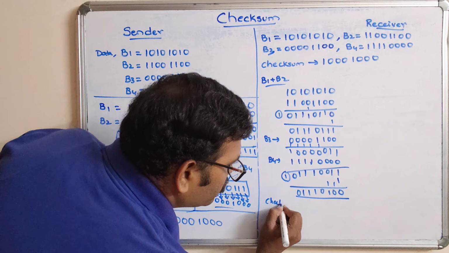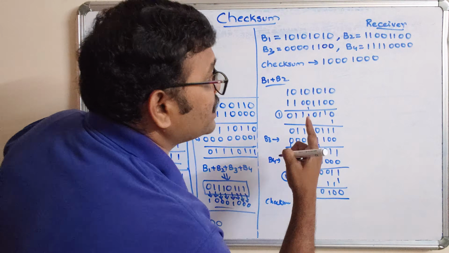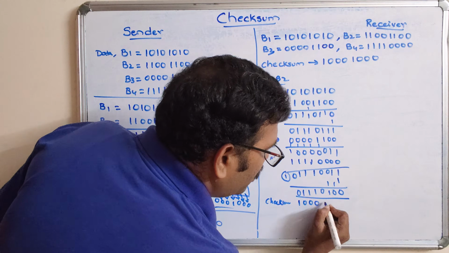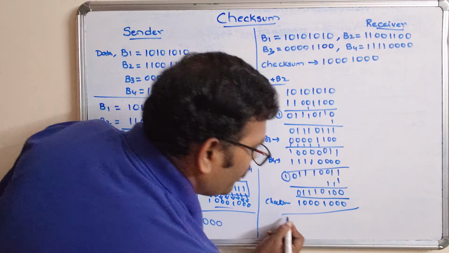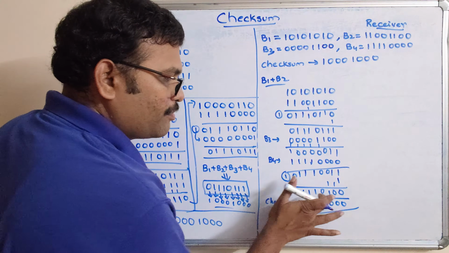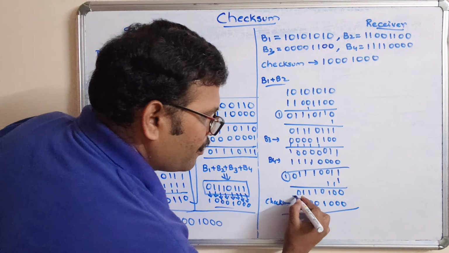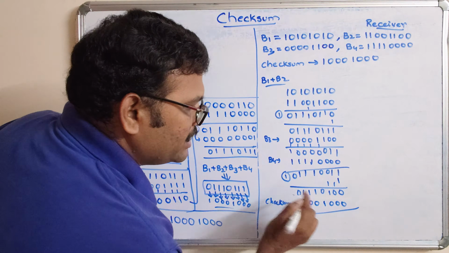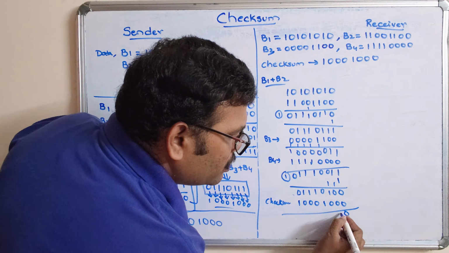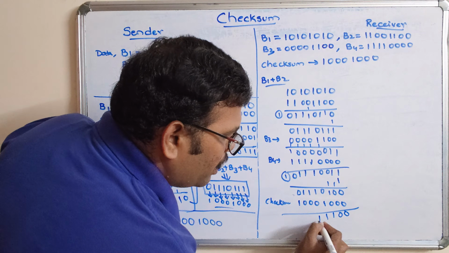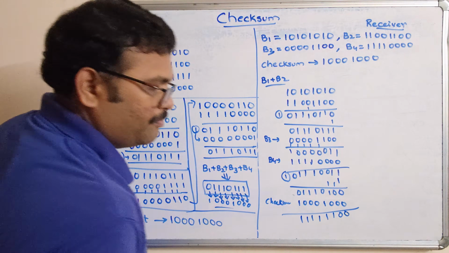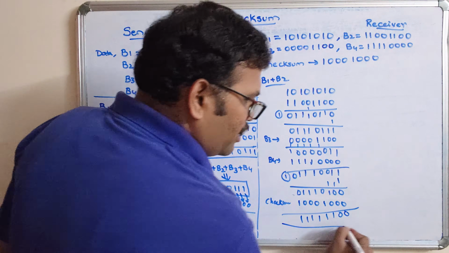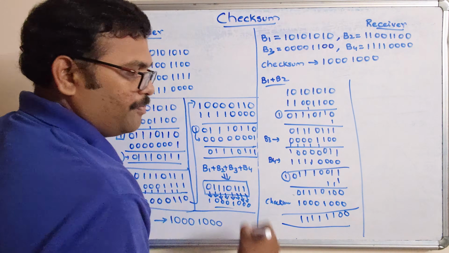And we also have to use the checksum. What is the checksum here? 1 0 0 0 1 0 0 0. We need to add the checksum also. So the result is 1 1 1 1 1 1 0 0.